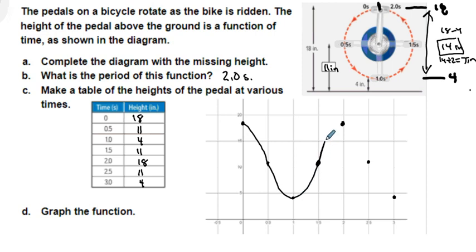It's going to go up, and then come back, and then it's going to continue to do the same thing. So this is our periodic function. This should probably be a little more like that, but not a big deal. We're getting it kind of close here. So that's what we got.